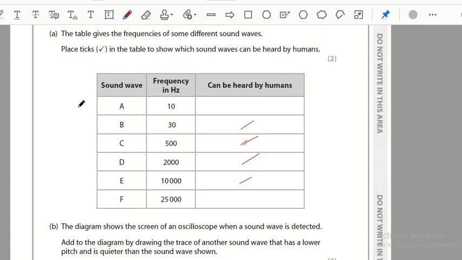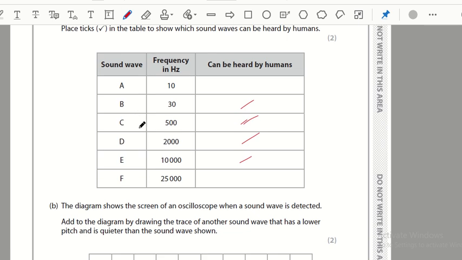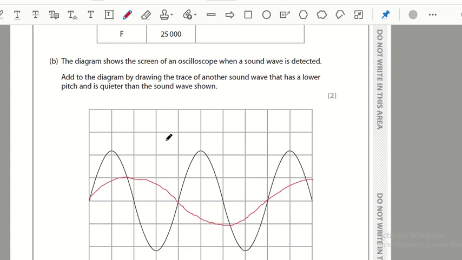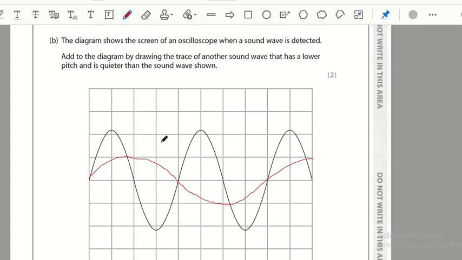Okay, which sound frequency can be heard by humans? We know that it is from 20 to 20,000 hertz. So 30 is with us, 500, 2000, 10,000, not 10 and not 25. Here is a wave, and he asks about another wave that is quieter and lower in pitch.